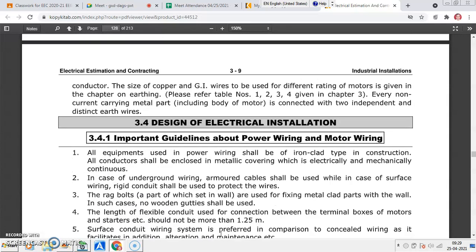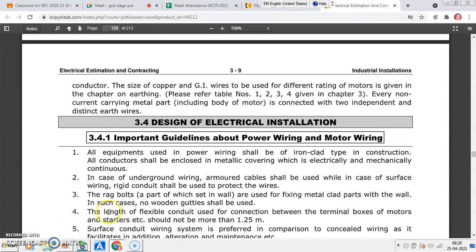So these parameters as far as industrial installation we have discussed.